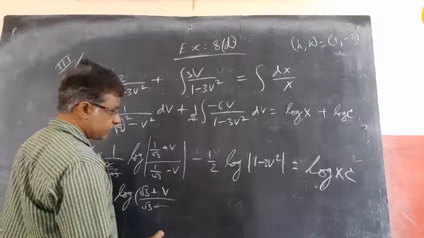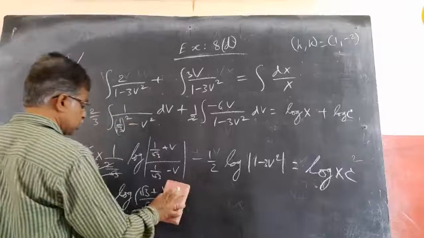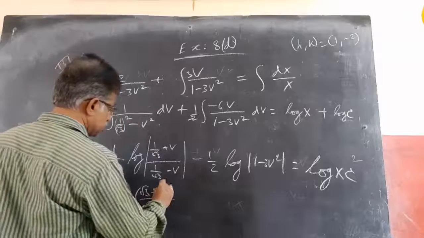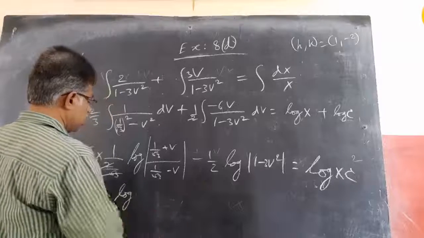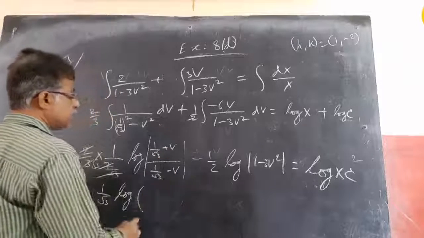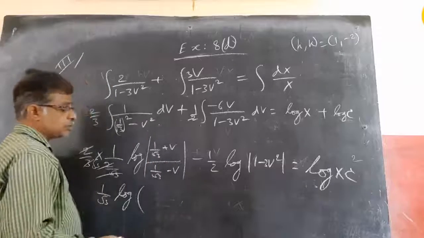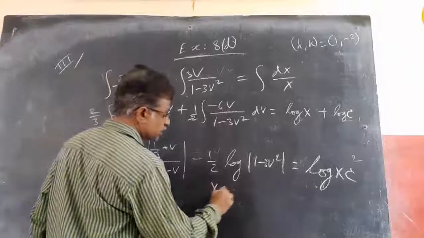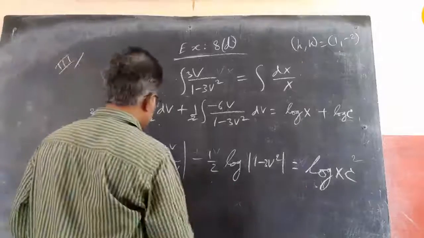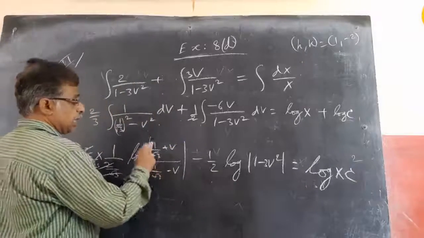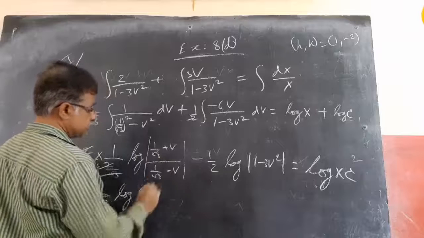So b means, if I substitute b means y by x, in place of b I am substituting directly y by x, because I am taking y equal to bx. So this becomes b equal to y by x. If I substitute, it becomes root 3x is LCM.